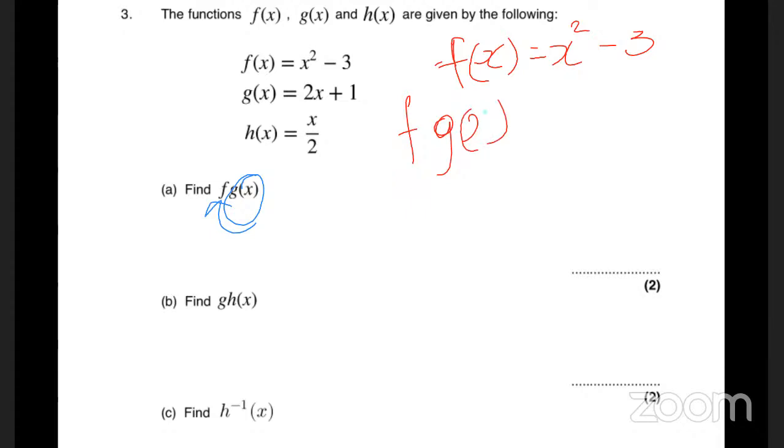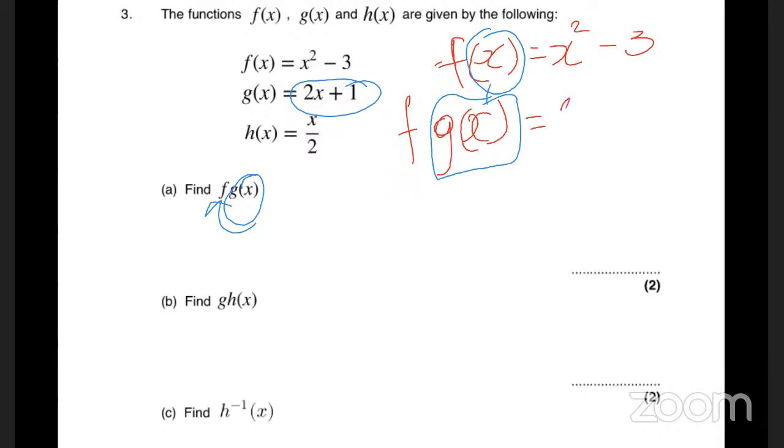This basically means, what does this mean? And I need you to be able to explain these things. Wherever I see x, I am going to put in what g of x is, which is 2x plus 1. Right? So I come over here and I see x squared. Okay, I see x.